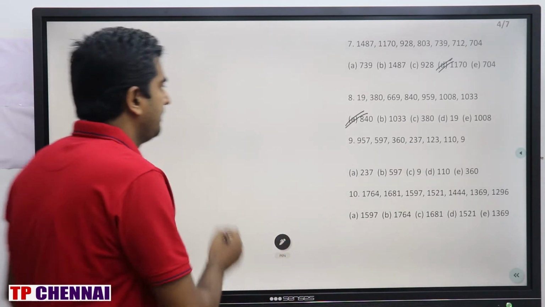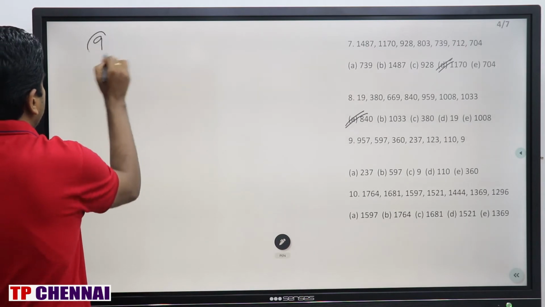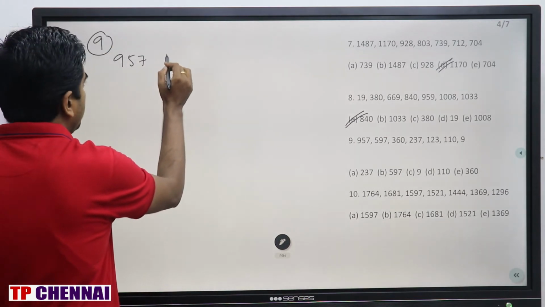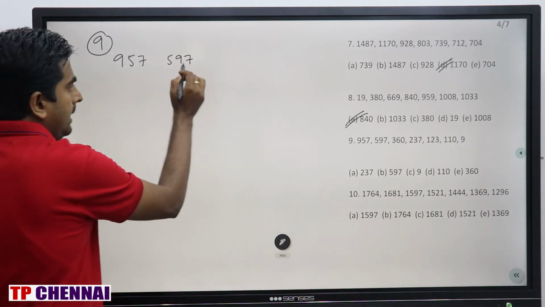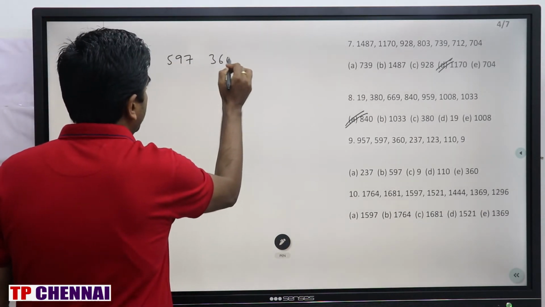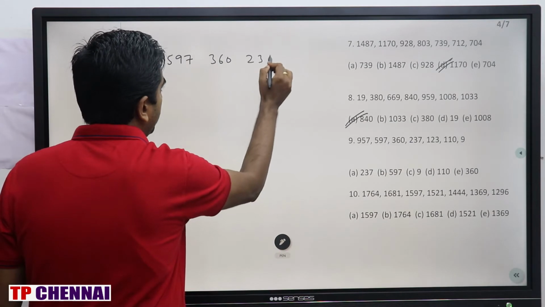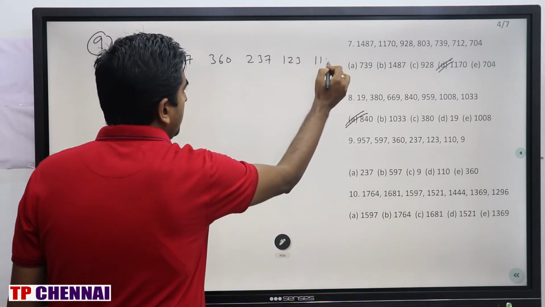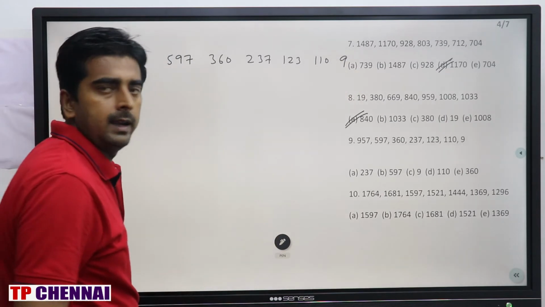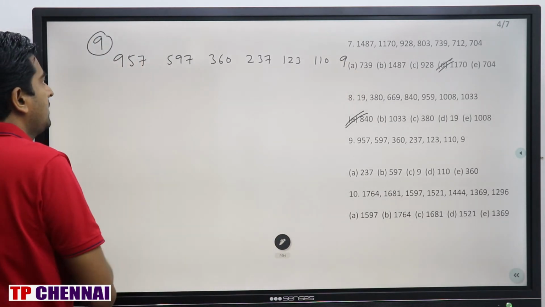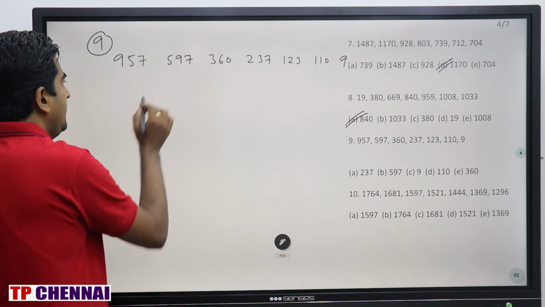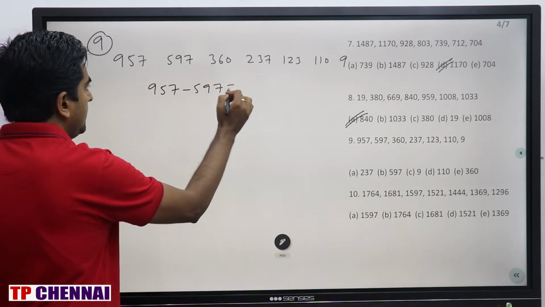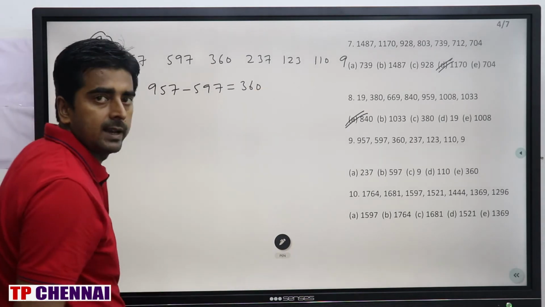Question number 9. 957, 597, 360, 237, 123, 110 and then 9. Right? You see 957 minus 597 is 360, which is correct.